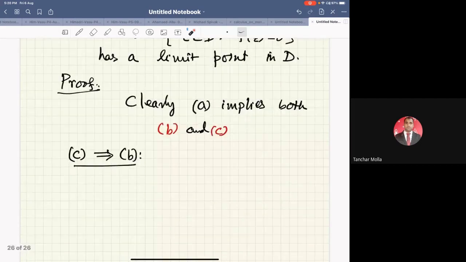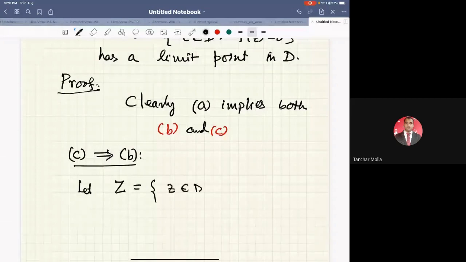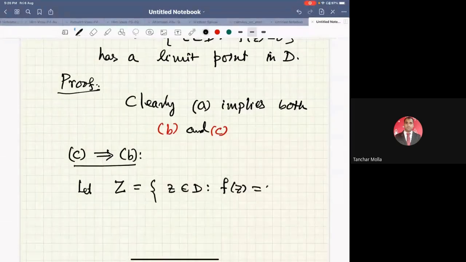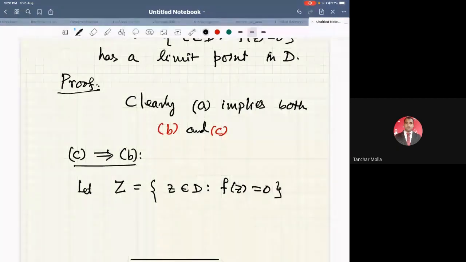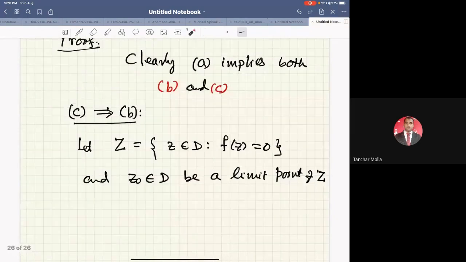I will use the notation capital Z to represent the zeros of f of z, the set of all z belonging to D such that f of z equals 0. Let z naught belonging to D be a limit point of capital Z. Now, since z naught is a limit point of this set, there exists a sequence z n such that z n converges to z naught.